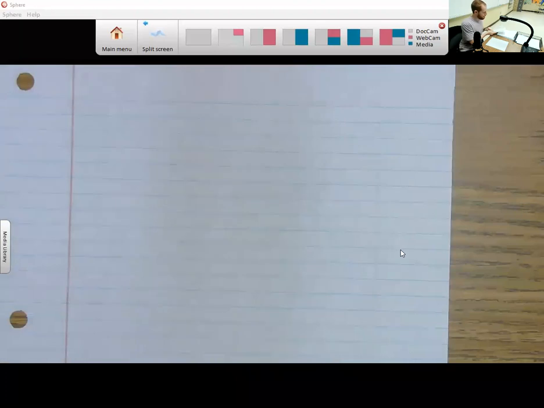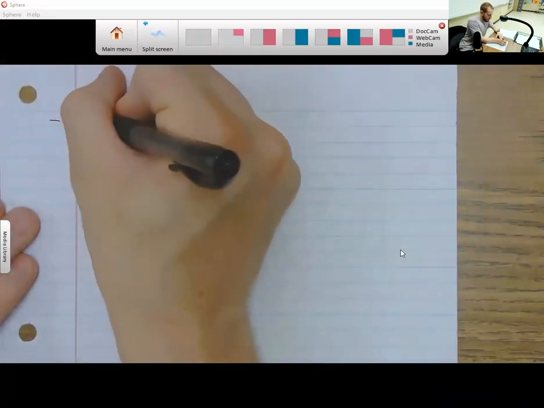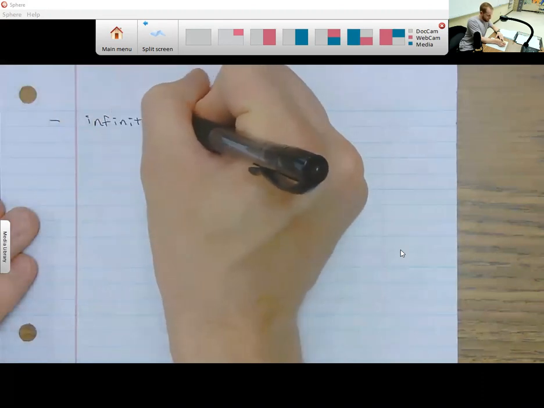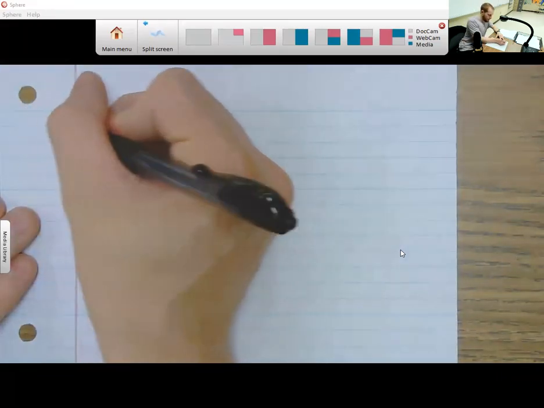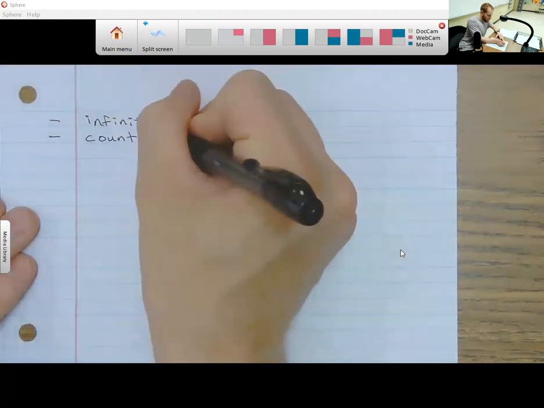So what's the last thing I want to say about the fractions? Well, we know that the set of all fractions is an infinite set, right? So we can also say that the rational numbers are an infinite set. They are also countable, right? The rational numbers are also a countable set.